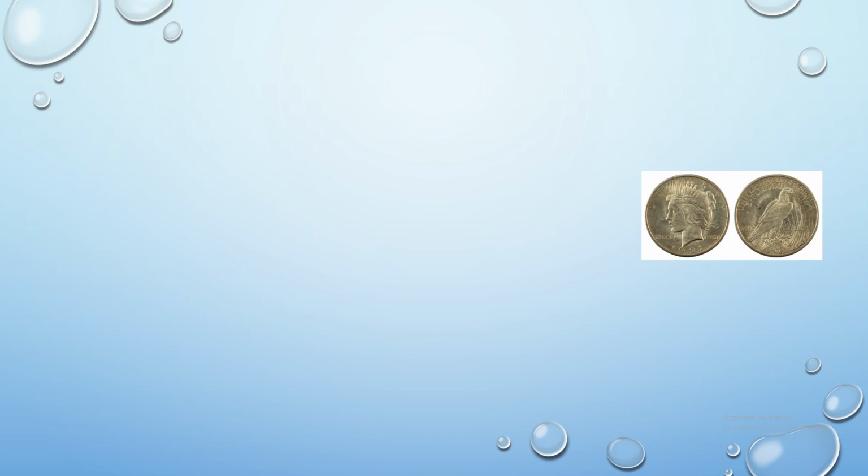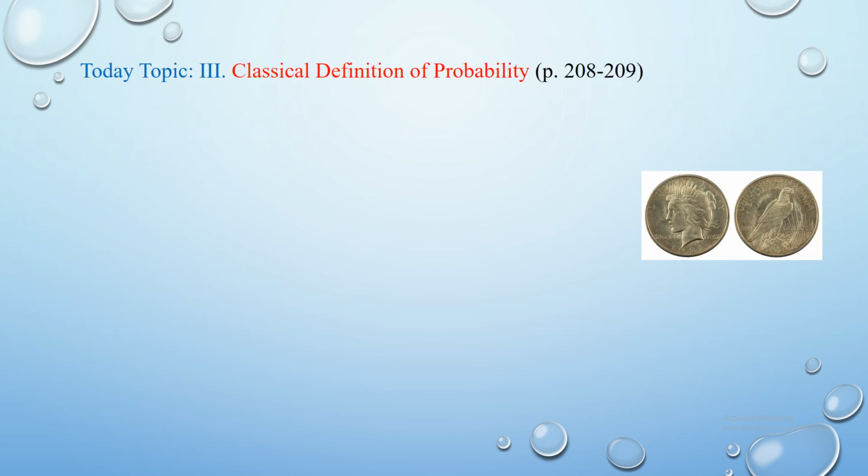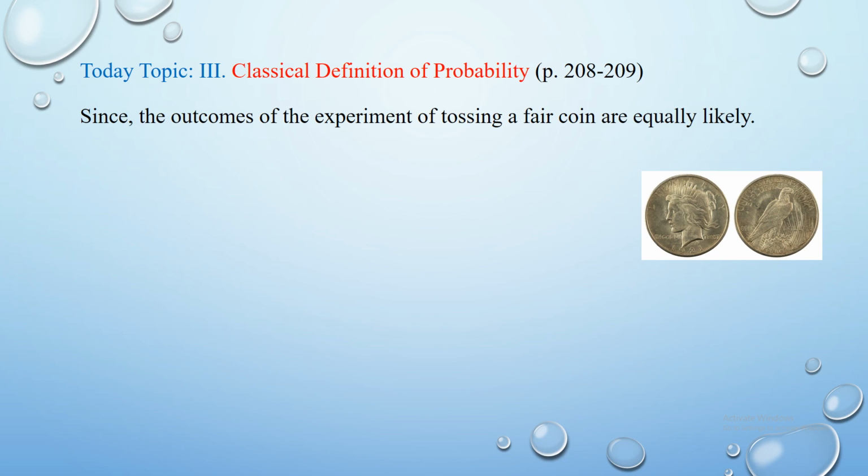Let's look at this coin. Assume that this coin has a head and a tail. So the topic we are going to identify is the classical definition of probability. Since the outcomes of tossing a fair coin are equally likely, either one of the outcomes is just as likely as the other.